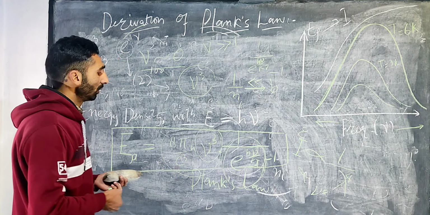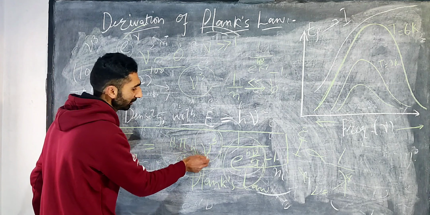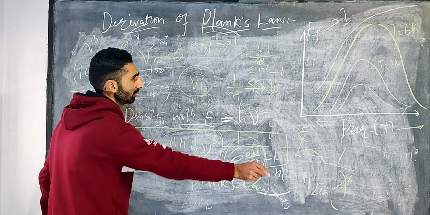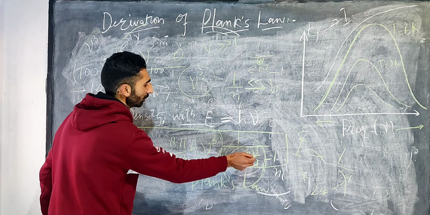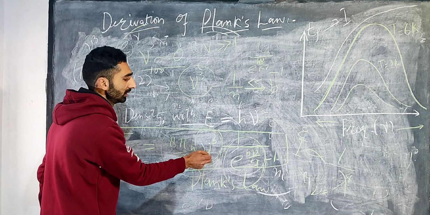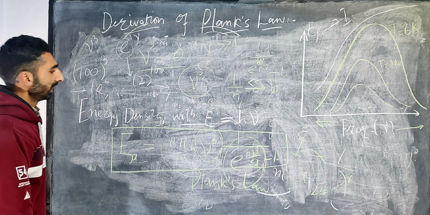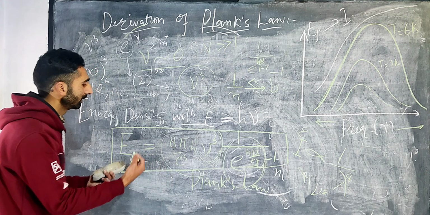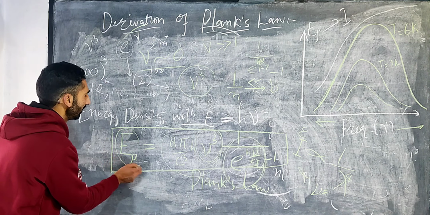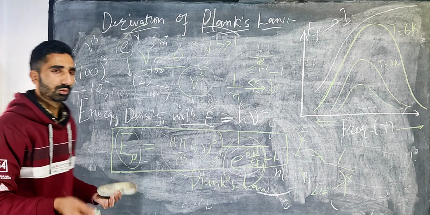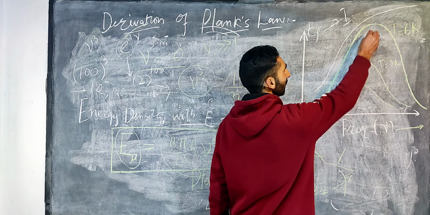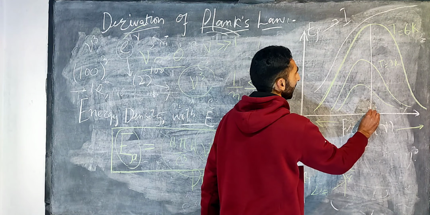And similarly for the lower frequencies, the exponential term will tend to 0, so the exponential minus 1 will be equal to 1 and vanish in that case, and the dominating term will be this nu cube, and that will again be a smaller quantity. So again the energy density will be smaller in that case also. So there are two extremes in case of this energy density.